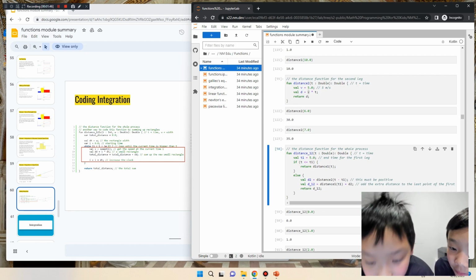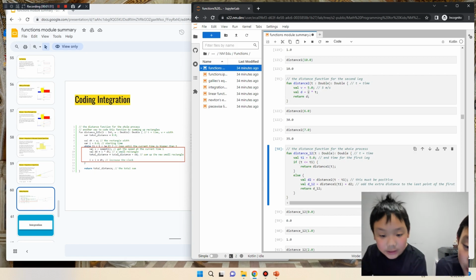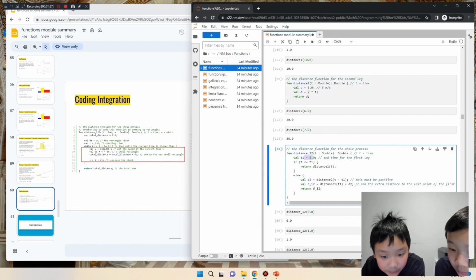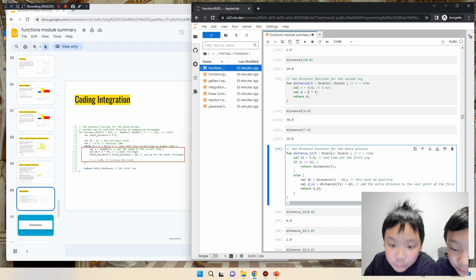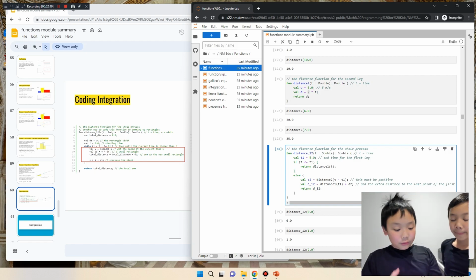So this function here is basically adding the distance1 and the distance2 function. Here it says if t is smaller than t1, which is 5, because it literally says t1 equal to 5 here. So if t is smaller than 5, then you use the distance1 function, which is basically the velocity will be equal to 1.